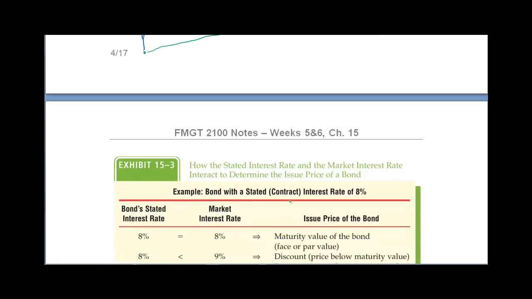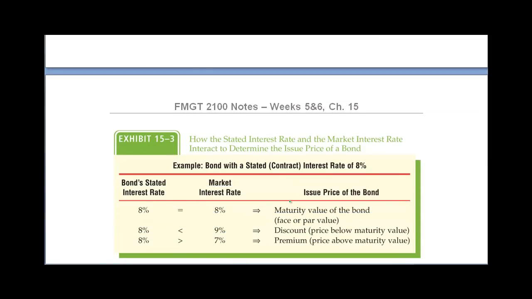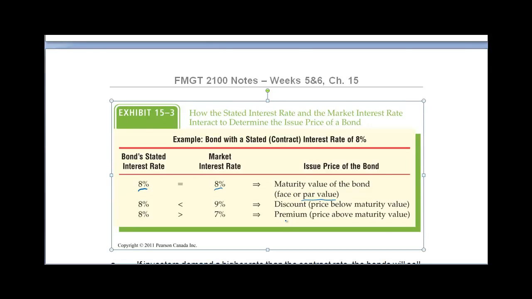Based on that, let's take a quick look at this chart here to try to cement our understanding of premiums and discounts. When the stated interest rate is 8% and the market rate is 8%, then the bond is going to be issued at par value, right? But if the bond pays 8% interest, but the market rate of interest for bonds of that kind is 9%, then this bond pays less than what the market is demanding.